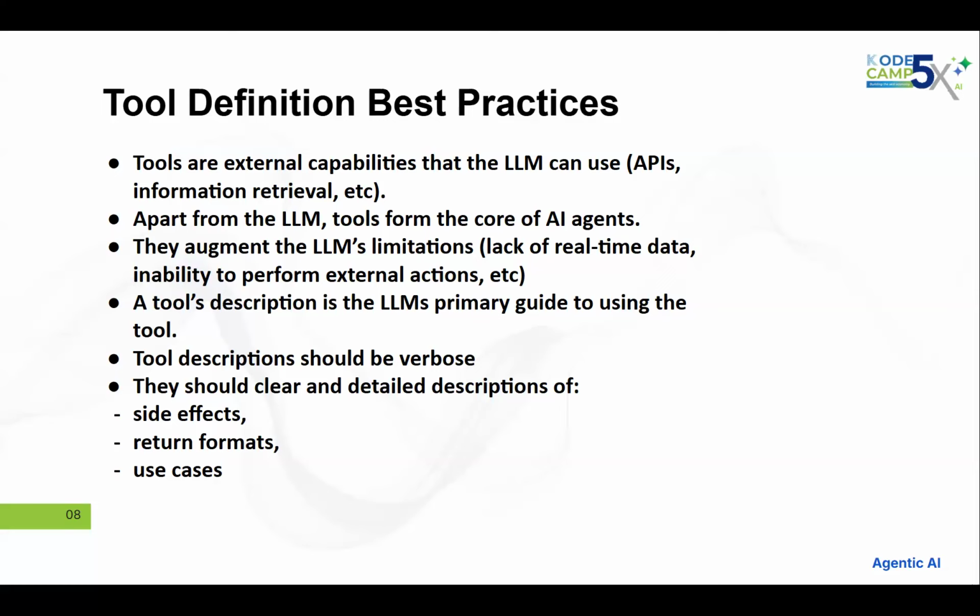It's trained with historical data, so it can't provide you with real-time data, and it can't perform external actions like turning on your lights or writing some data to a database, and so on.